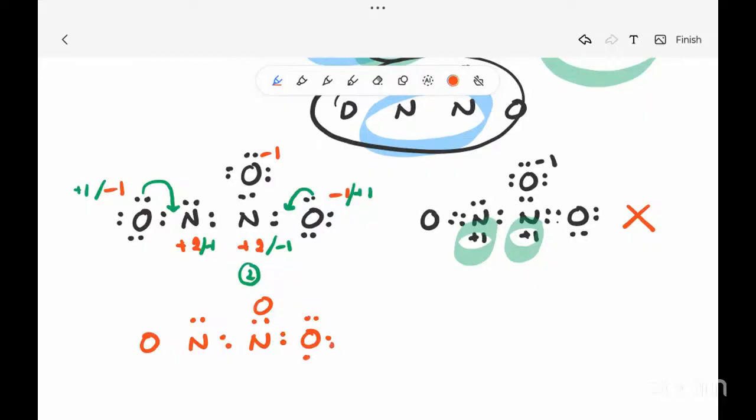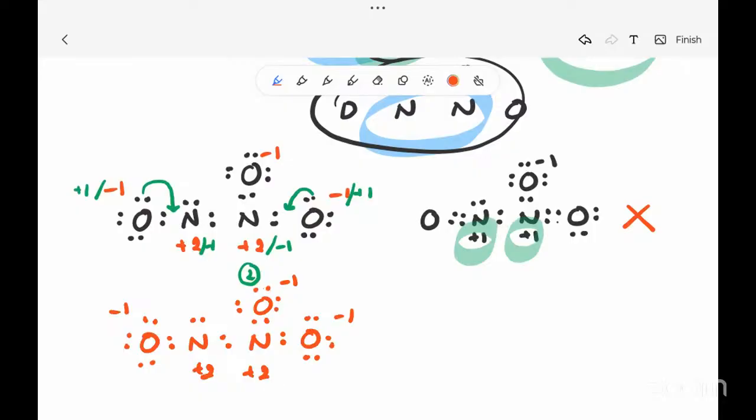When we are transferring the electrons, we need to consider that part as well. So it is having minus 1, here it is plus 2, here it is plus 2, here it is minus 1, right?